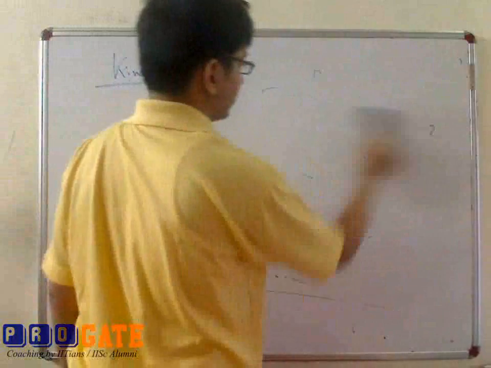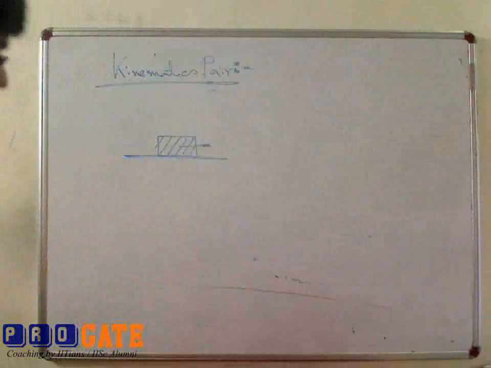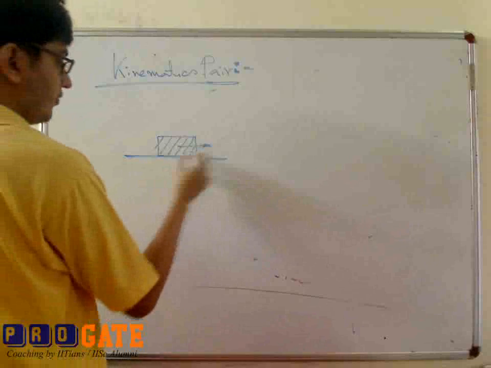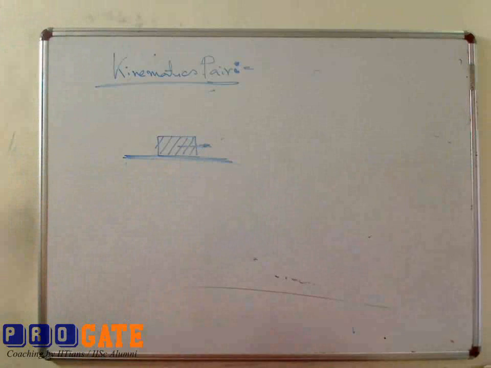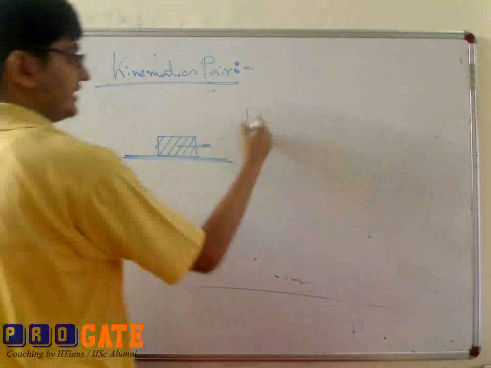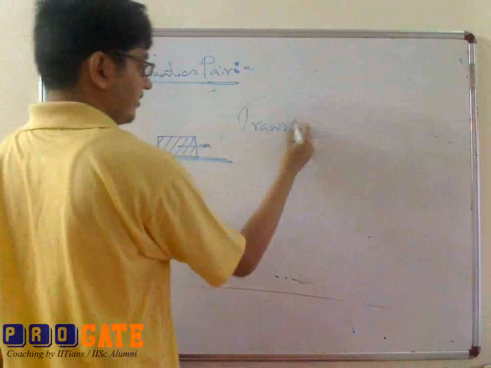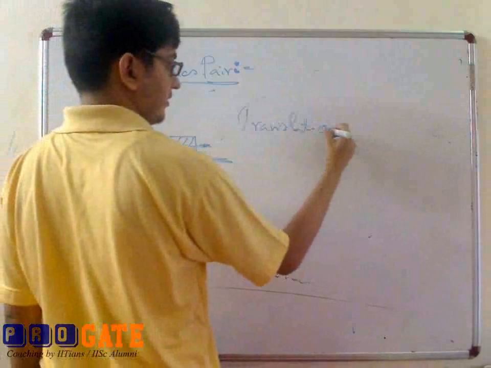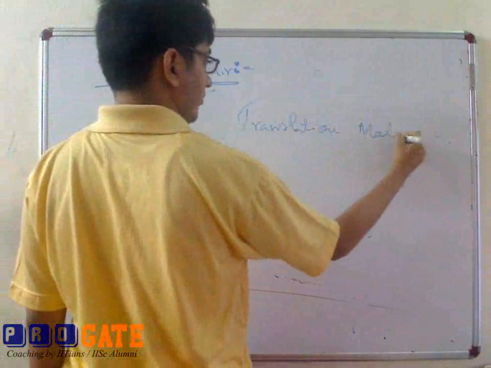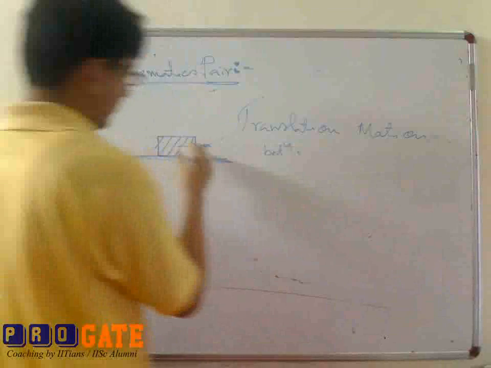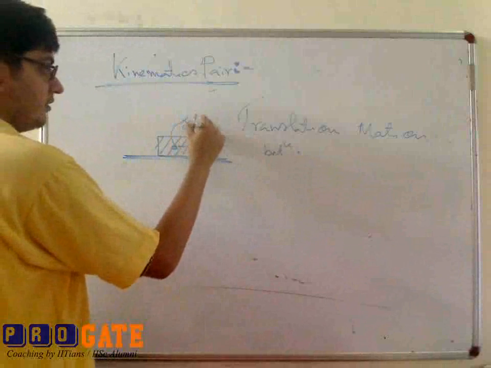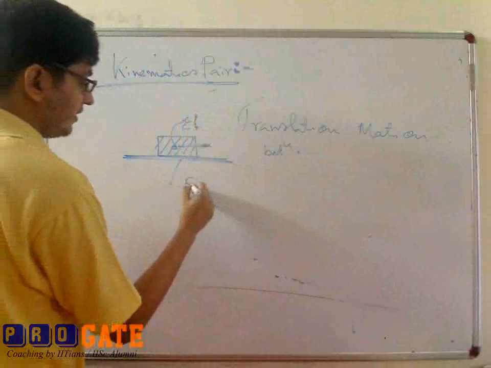Now consider this case. This is a block which is sliding over this surface. So this also permits the translational motion between, say, this is my element 1, and now this will become my element 2.